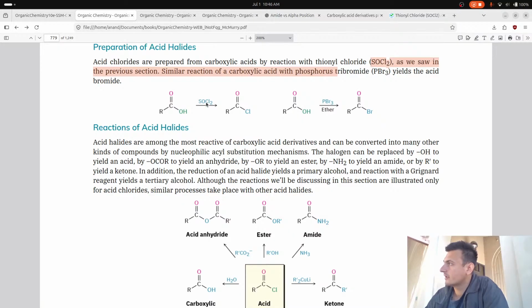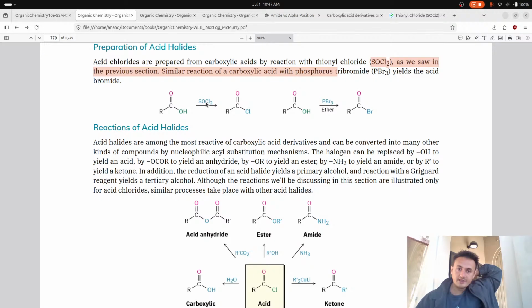The chloride ion is now a nucleophile, which then attacks the carbonyl, which then removes the good leaving group of the sulfur compound. And there's a special name for it, but I don't remember it.